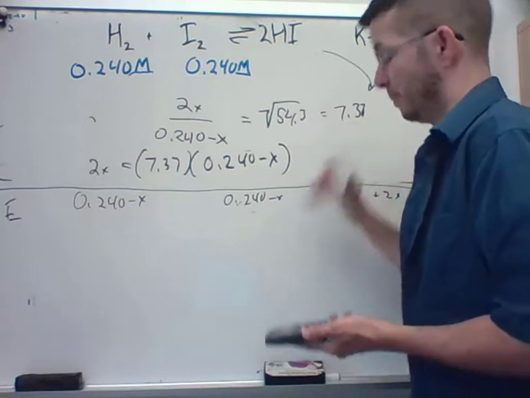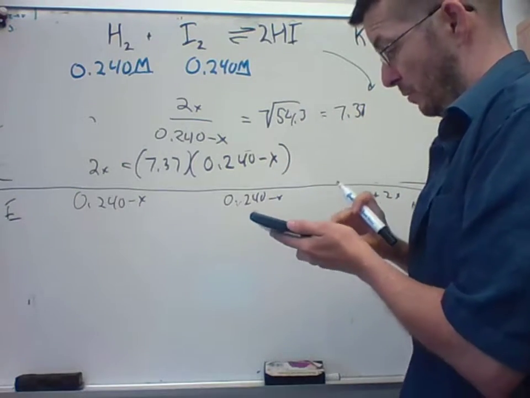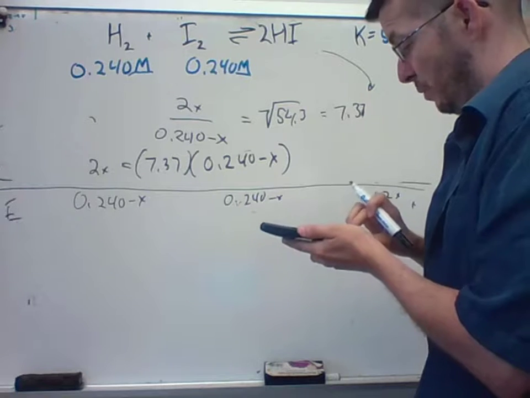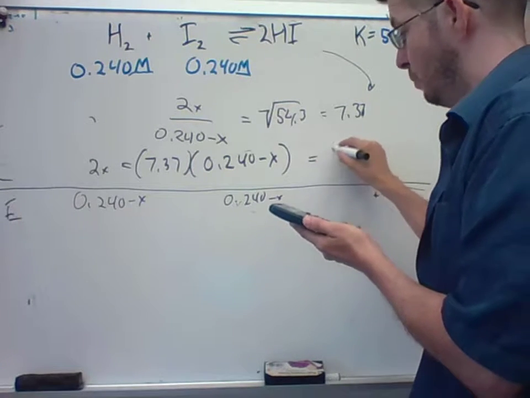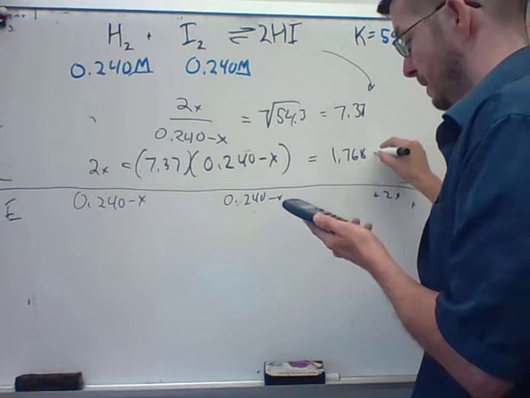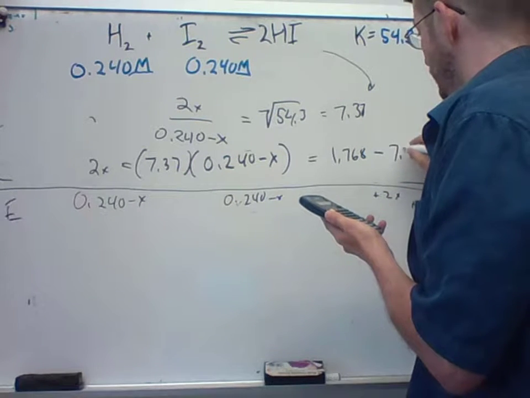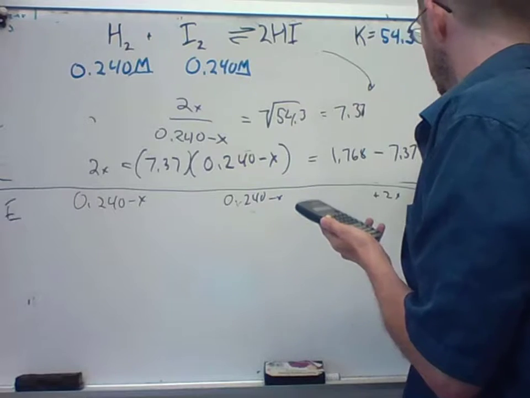And then we can multiply this out, and it becomes 7.37 times 0.240. This becomes equal to 1.768 minus 7.37x.